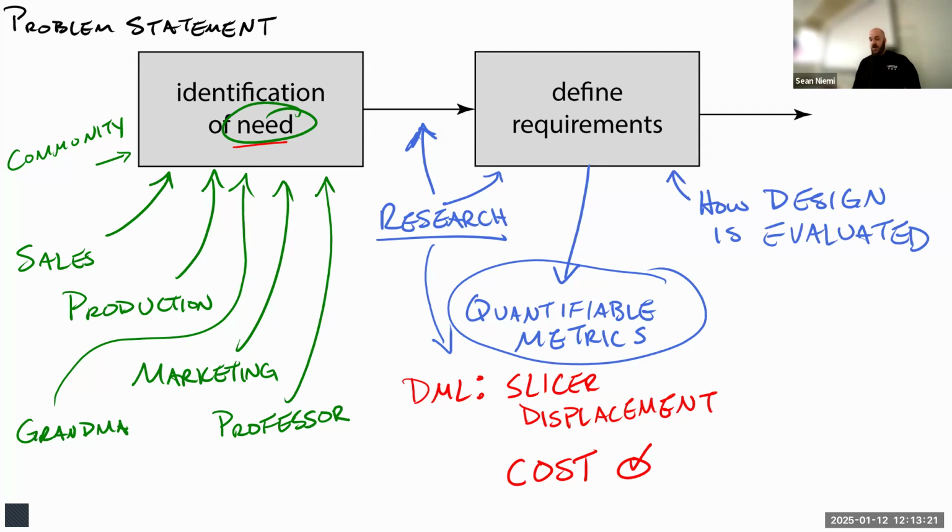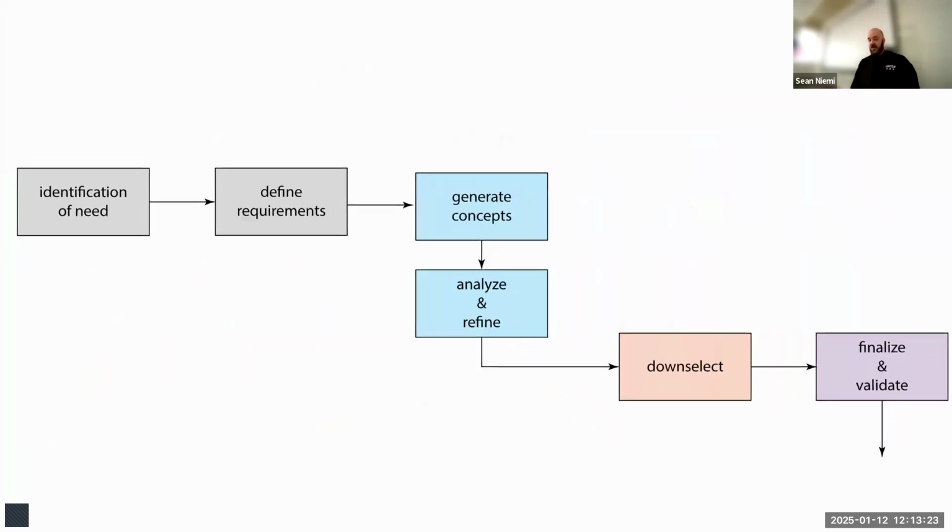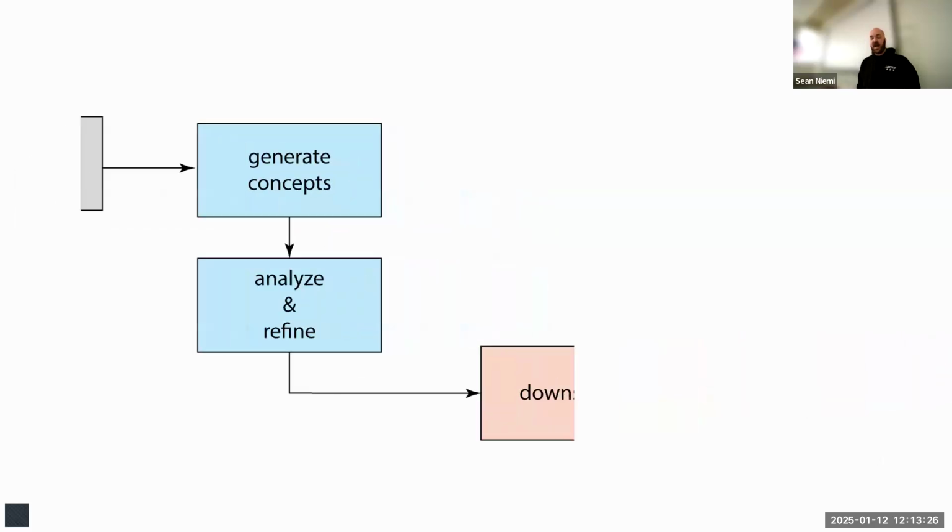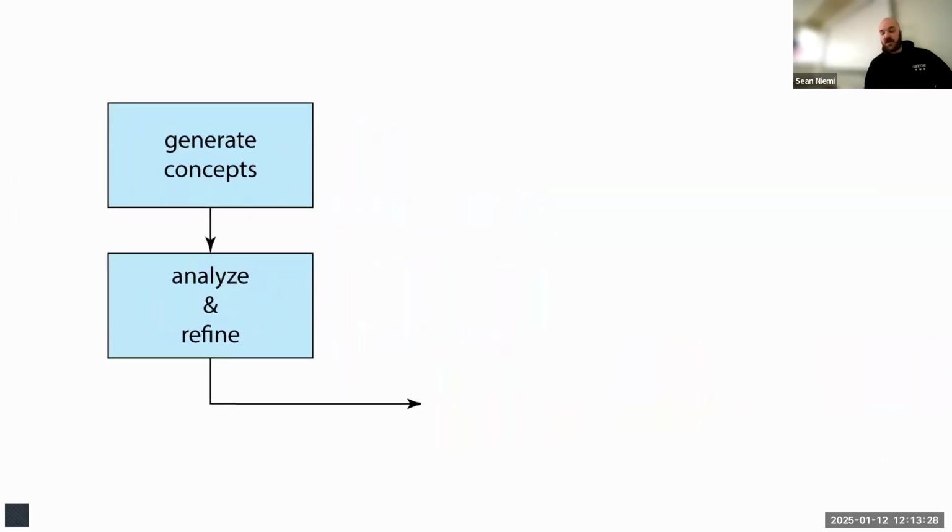All right, so zoom back out now, and then we can take a look at what happens after we have our metrics. We now have our quantified requirements coming into our design, and now we have to generate our concepts. Generating concepts will be a lecture for next week.